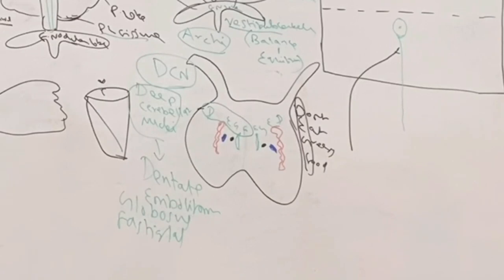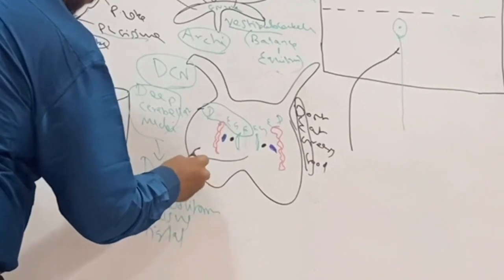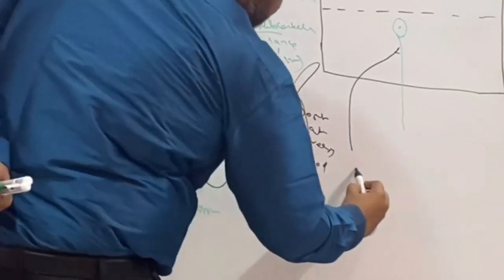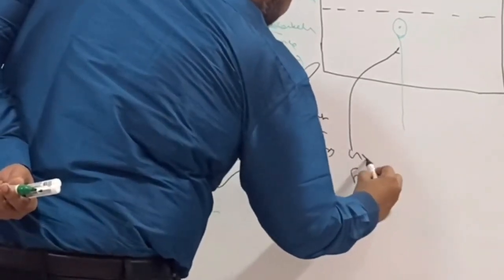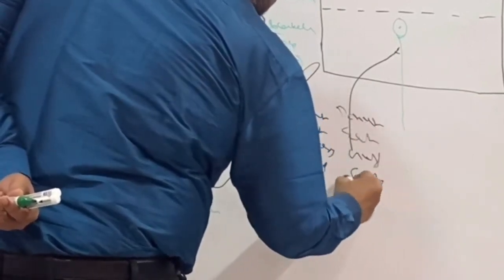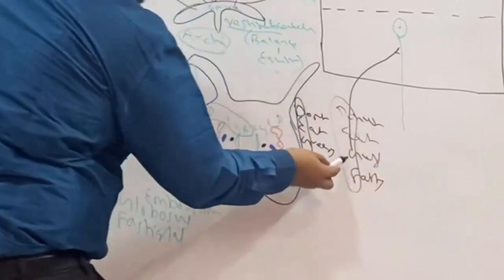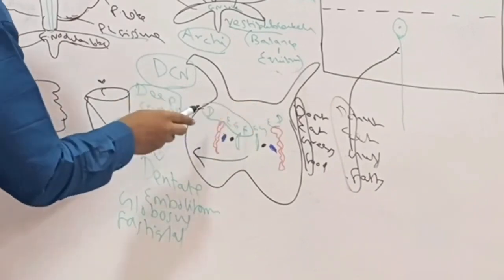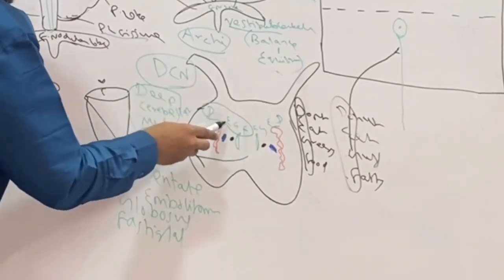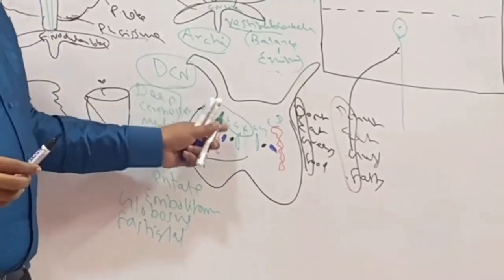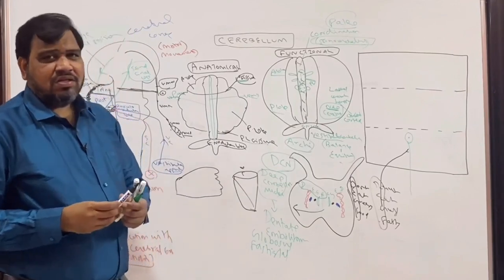One more mnemonic, from medial to lateral, is: Fatty guys eat donut. So use either of these to remember. Each nucleus is concerned with a specific function.